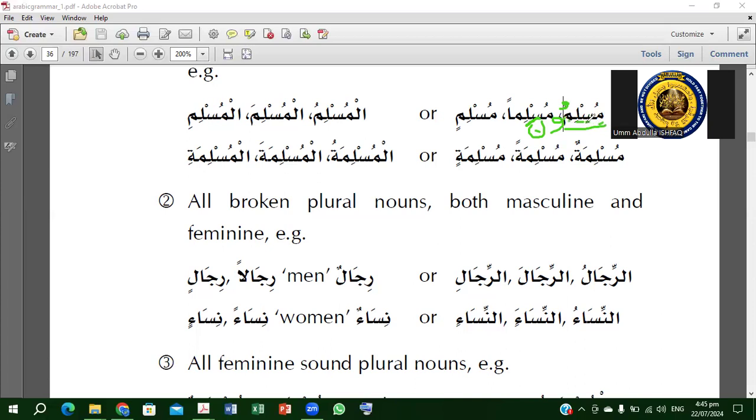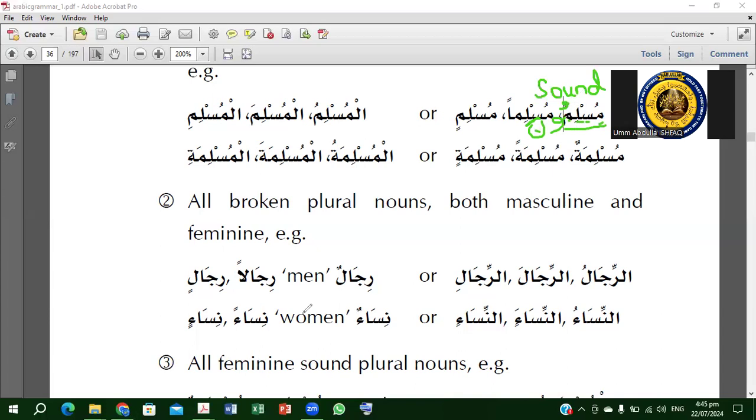We didn't touch them. We just added wow noon in the end, right? So this is called sound plural, because all four letters are safe and sound. We didn't break them, we didn't touch them, okay? Just added in the end. This is called sound plural.